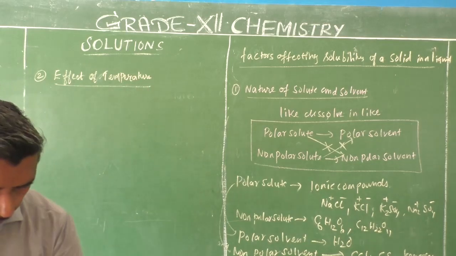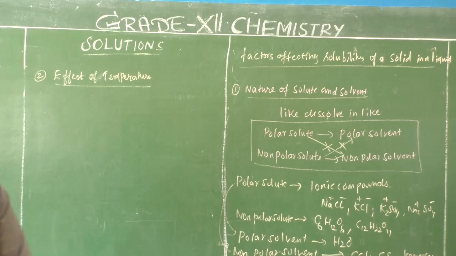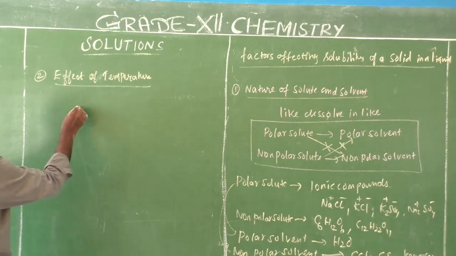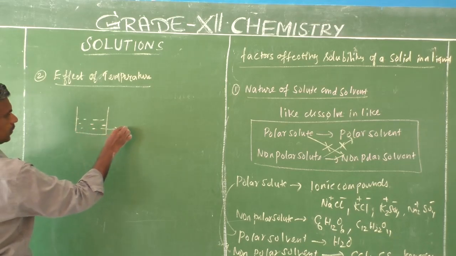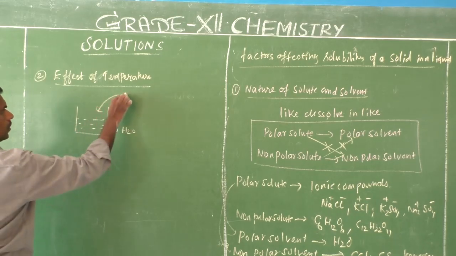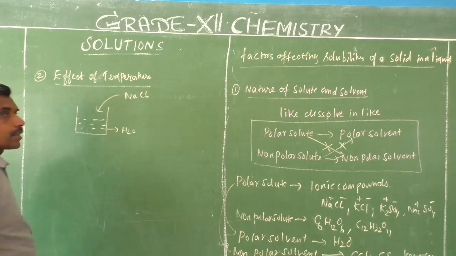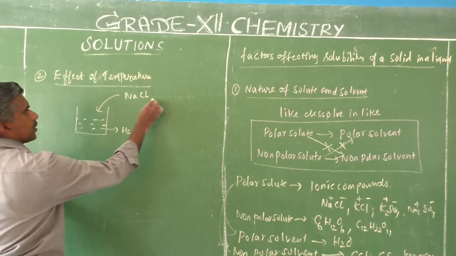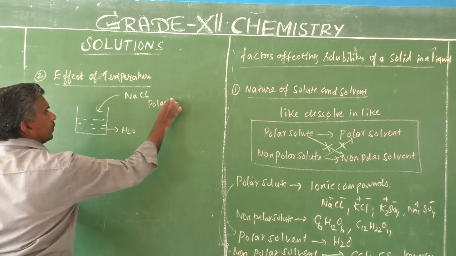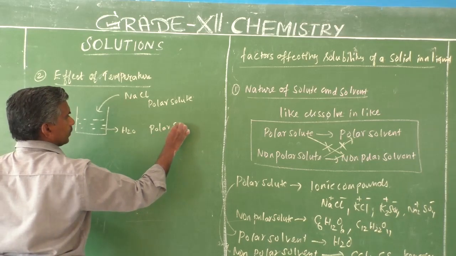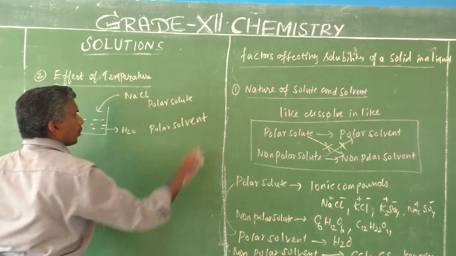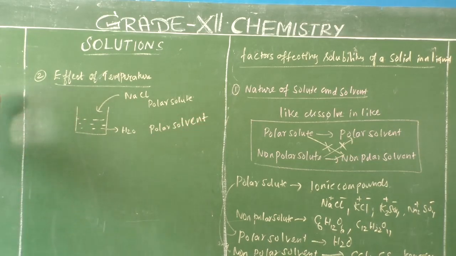The effect of temperature. Now you take your water. Now you add sodium chloride salt. It is going to dissolve because this is a polar solute and this is a polar solvent. Dissolving is possible.